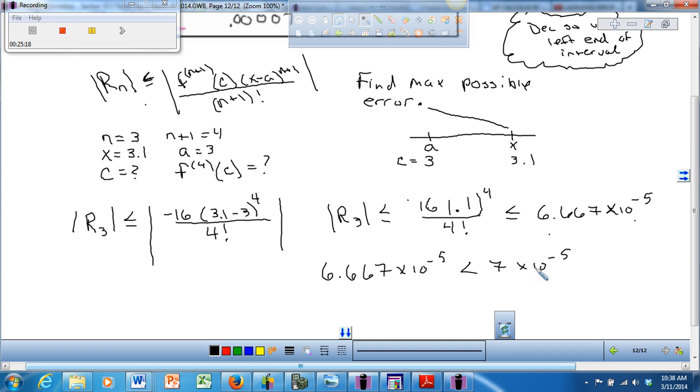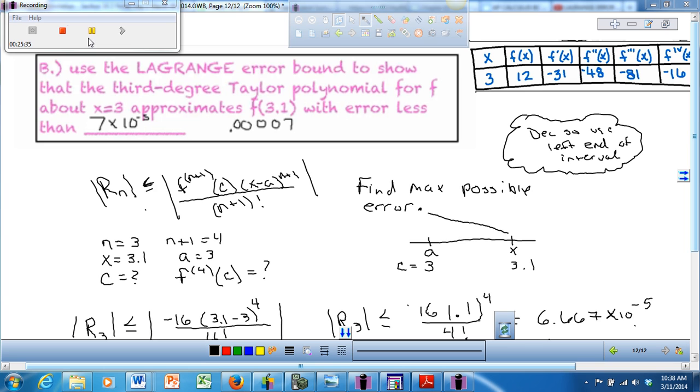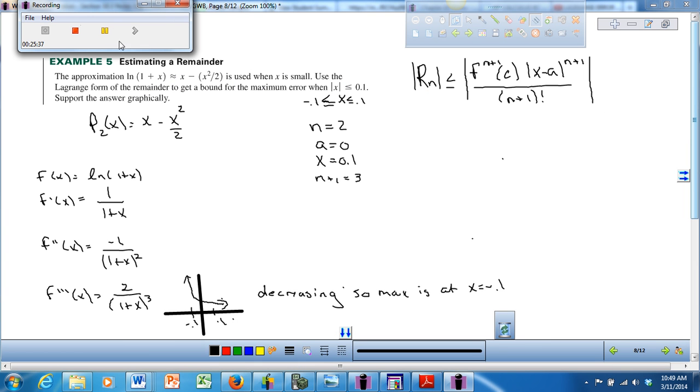Okay? So the tricky part is figuring out c and the fourth derivative of c, and it's different in every problem. We have to think about it each time about how we're going to solve that. All right, I'm going to go back and look at example 5 out of the book so we can step through the solution. We're estimating a remainder.